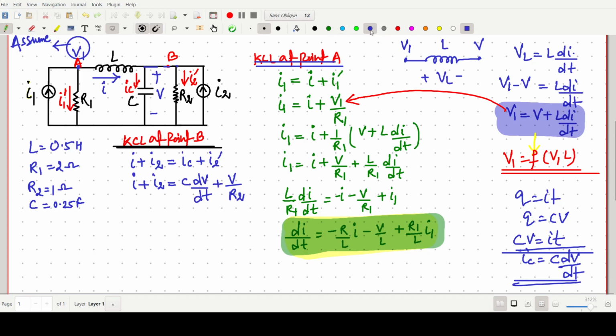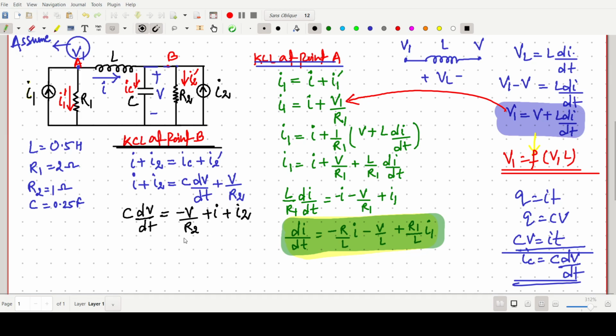Now we have to arrange this equation. How to arrange? Just write C dV/dt equals minus V by R2 plus I plus I2.